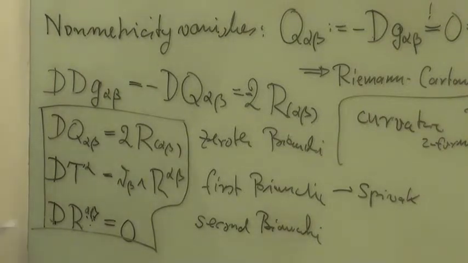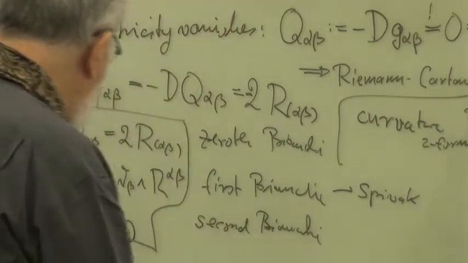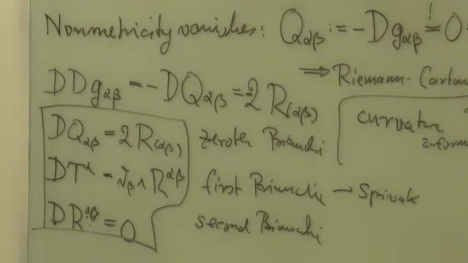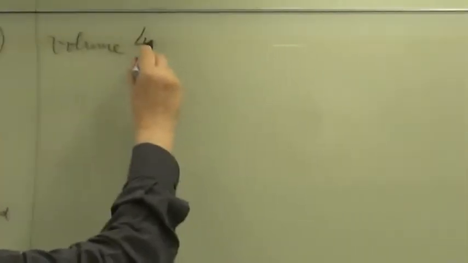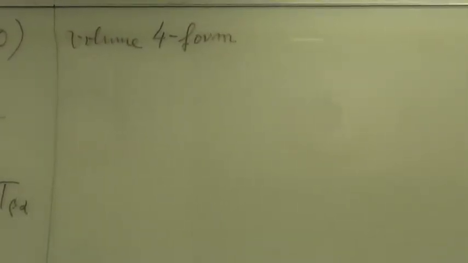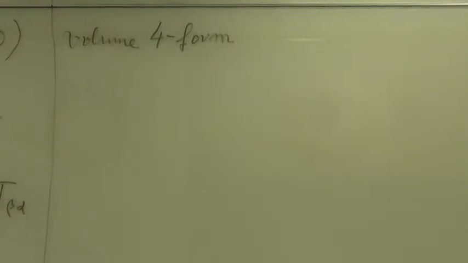Okay, now we have to use, of course, also integrals, so we have to define what is called a volume 4-form. Volume, I'm talking, of course, about 4-dimensional volumes. I mean, a 1-dimensional volume, a line, is described by a 1-form, an area by a 2-form, a 3-dimensional volume by a 3-form, and a 4-dimensional volume, which we need for our integrals, is of course the 4-form.